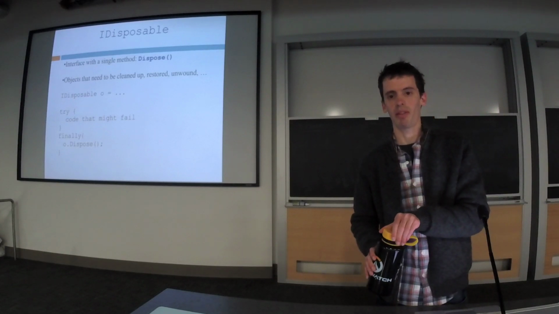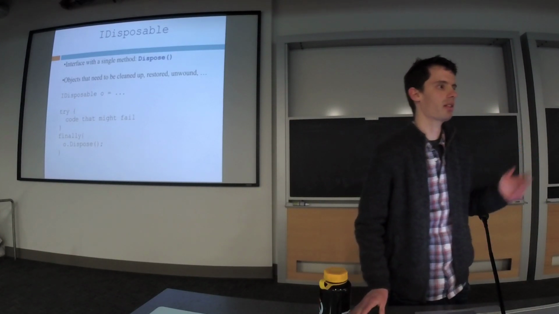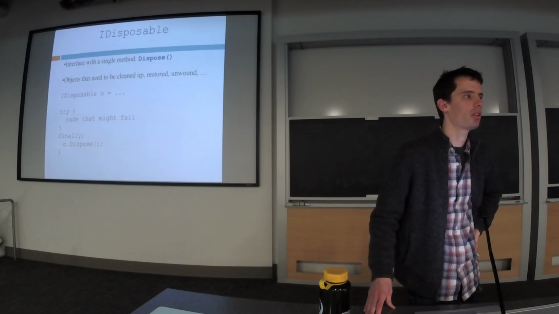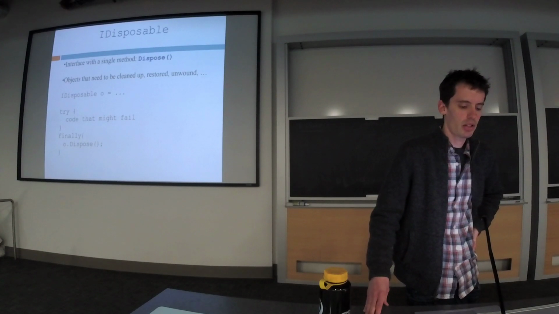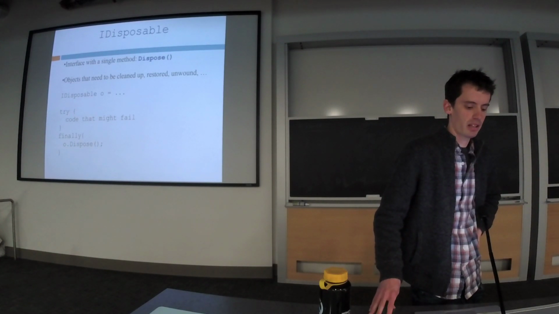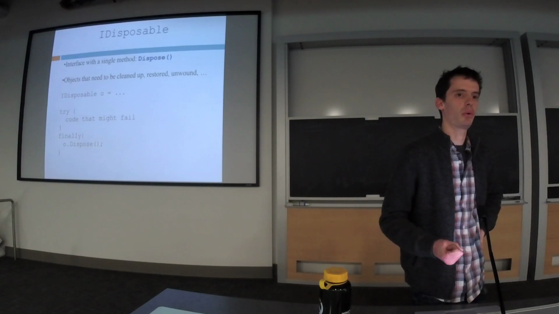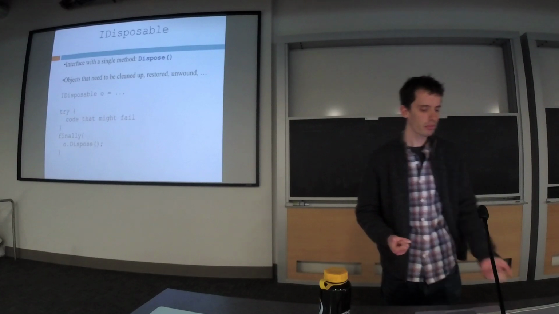Okay. So I'll just go over some of the things that will be very relevant for us. A lot of this stuff you'll just have to Google or do your own little research. C# has this IDisposable interface, which basically means it has a dispose method, or like a cleanup or undo method.